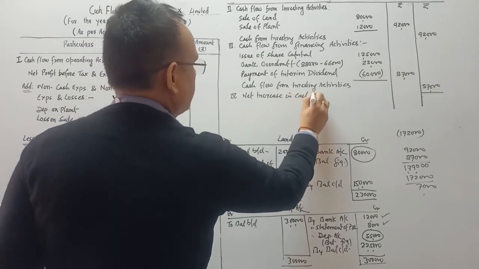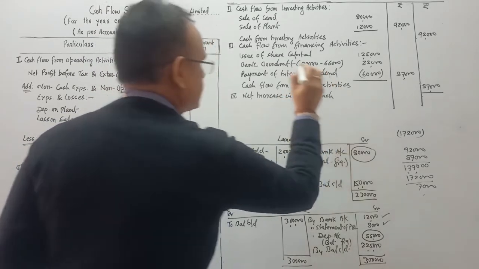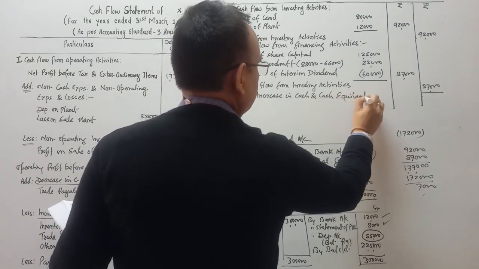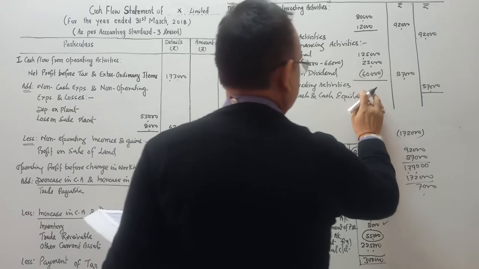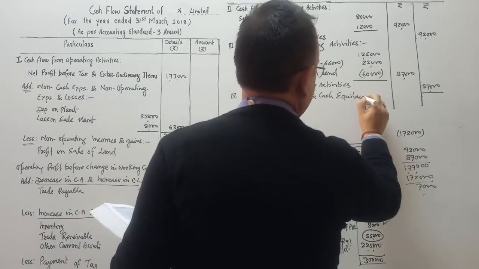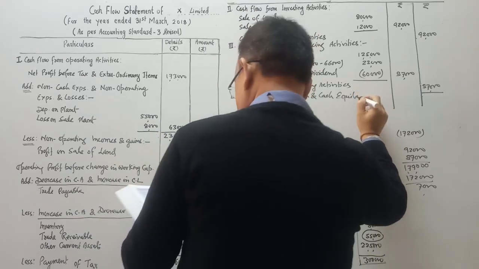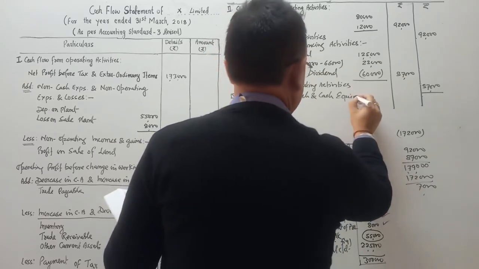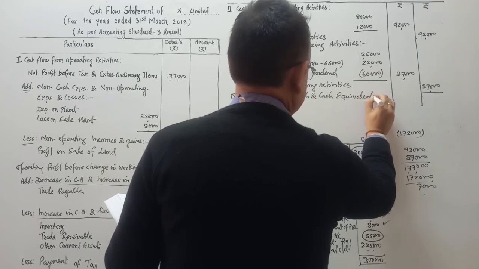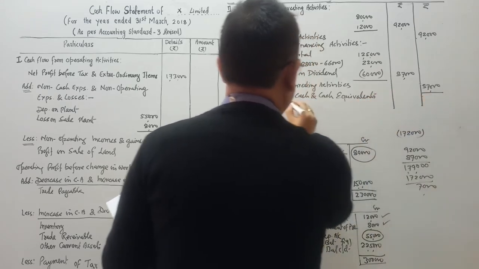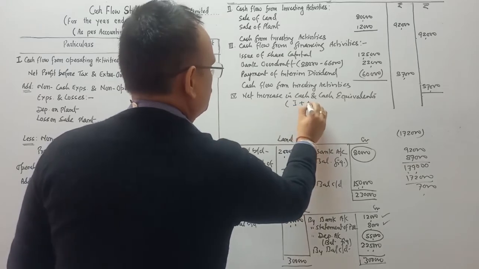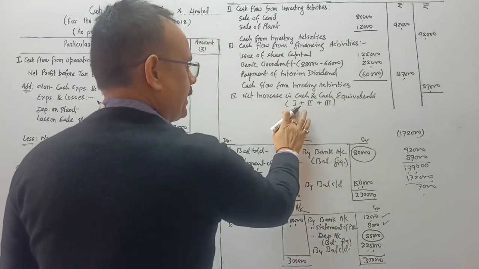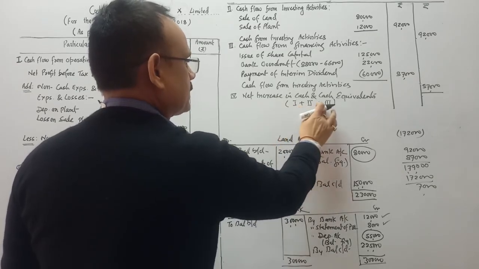So fourth number will be net increase in cash and cash equivalent. Cash and cash equivalent is how much? It is 1 plus 2 plus 3. 1 is cash flow from operating, this is investing, and this is financing.